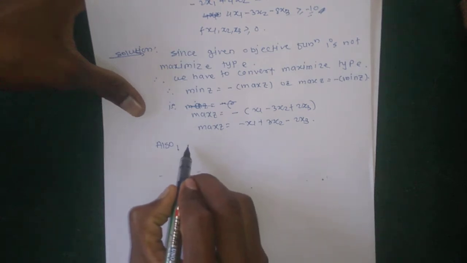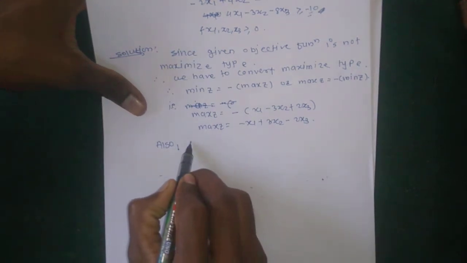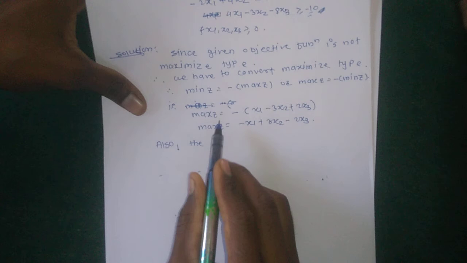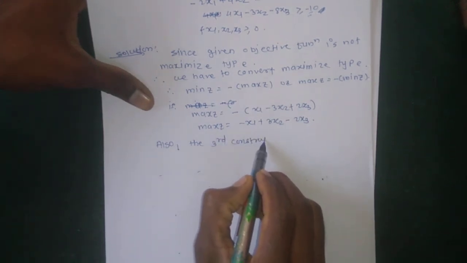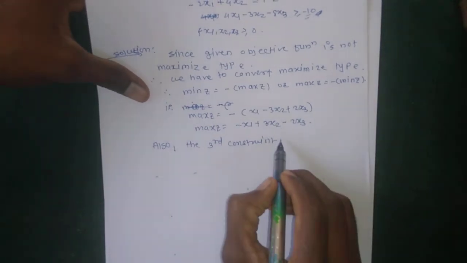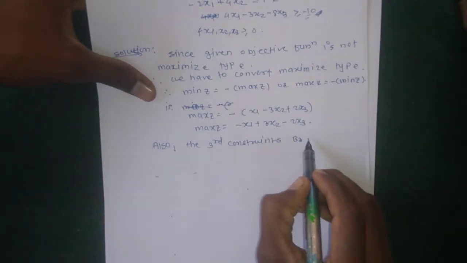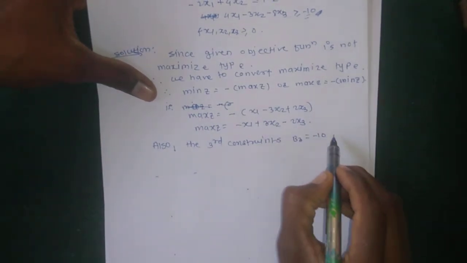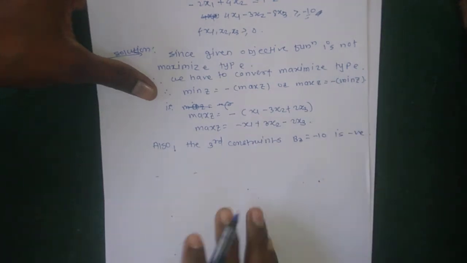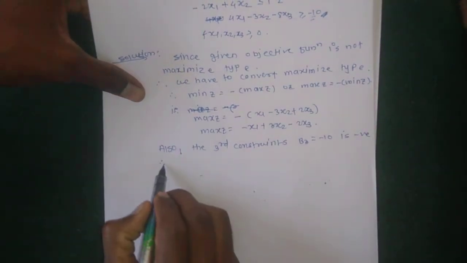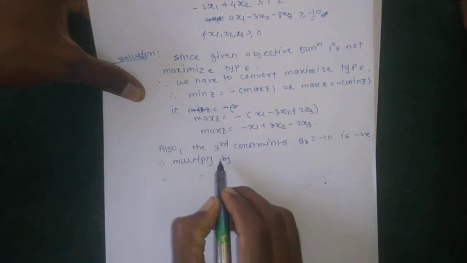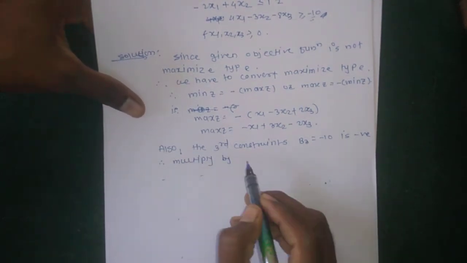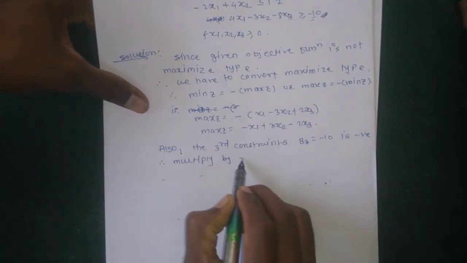So multiply the third constraint by minus 1.